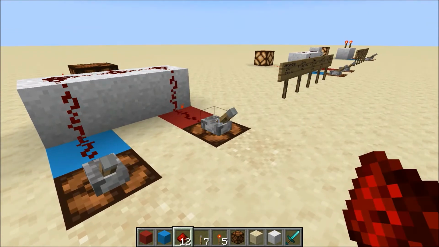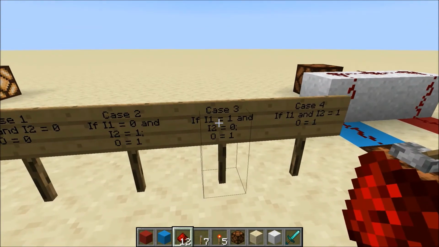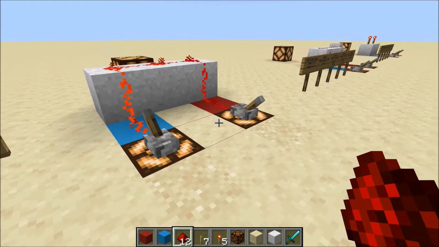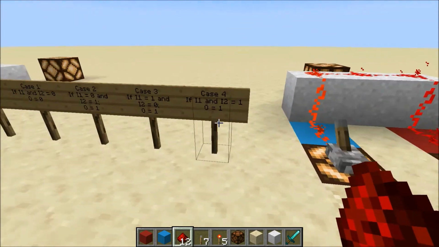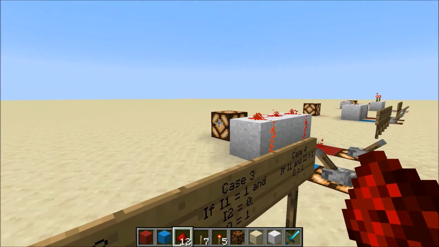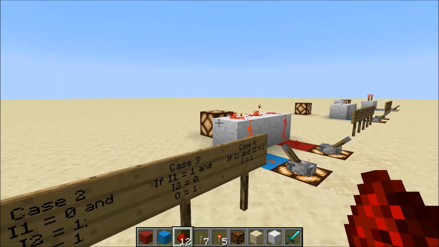Let's turn this off. And the third case is if input 1 is 1 and input 2 is 0. Then the output will be 1, which means the light is on right there.